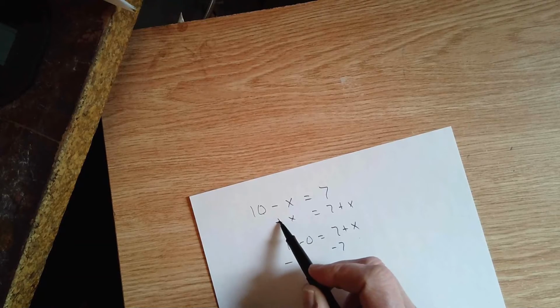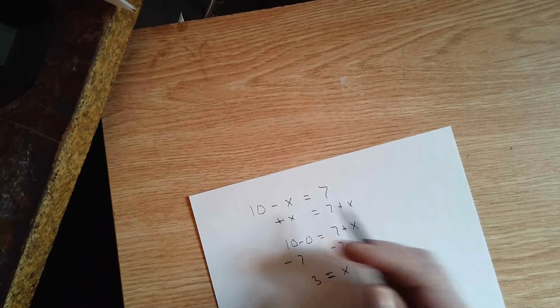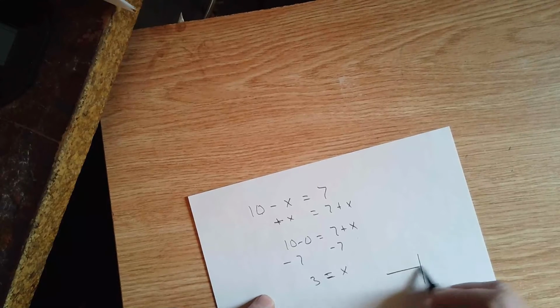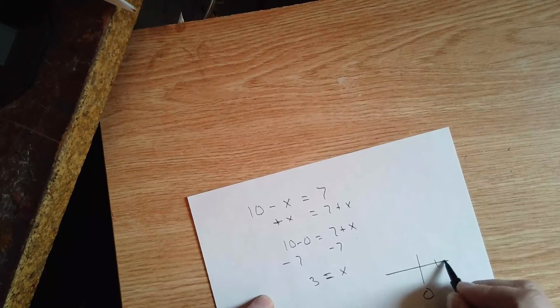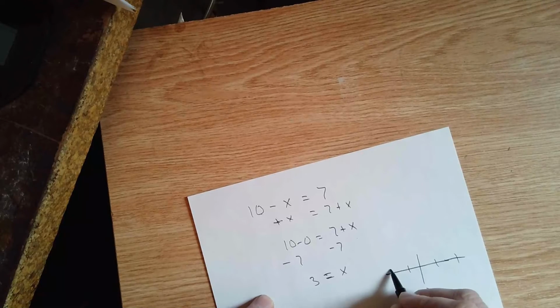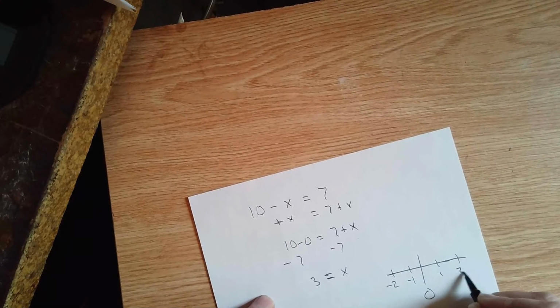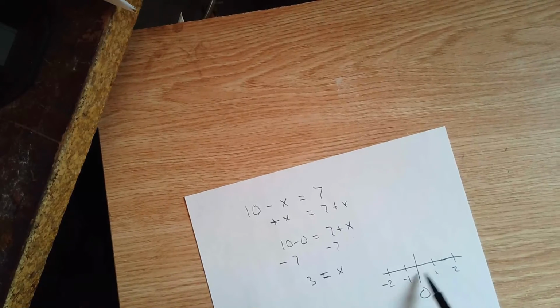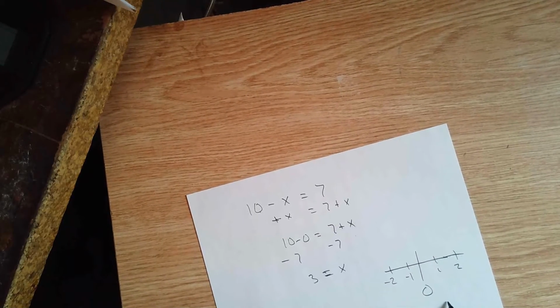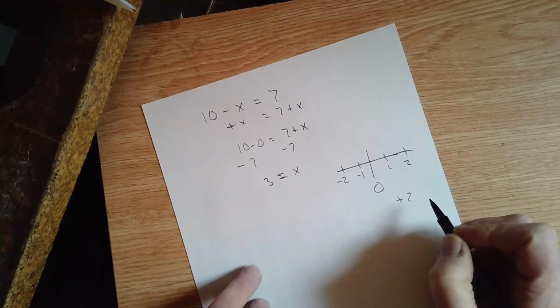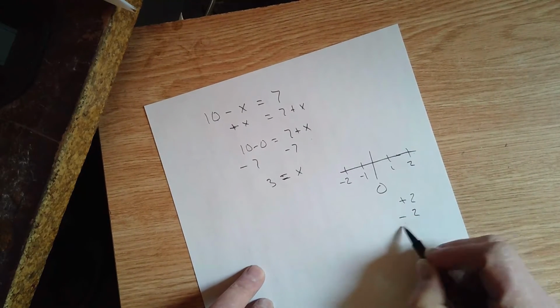When we add the opposite, we get 0. Let's go off on a little tangent here. Let's look at a number line. If I've got positive 2, and then I take away 2, I end up with 0.